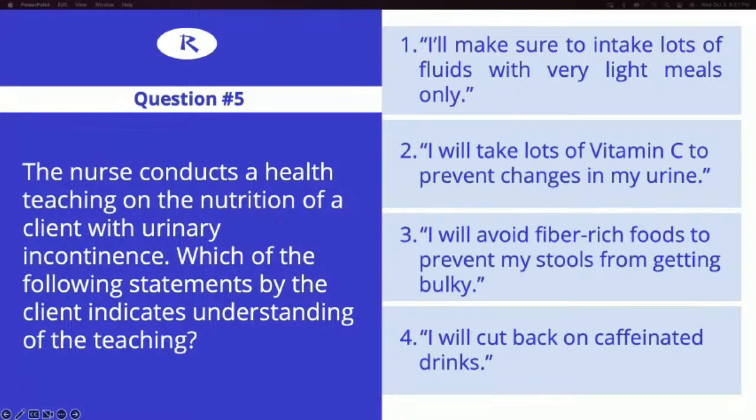Number 1, I'll make sure to intake lots of fluid with very light meals only. 2, I will take lots of vitamin C to prevent changes in my urine. 3, I will avoid fiber-rich foods to prevent my stools from getting bulky. And 4, I will cut back on caffeinated drinks.